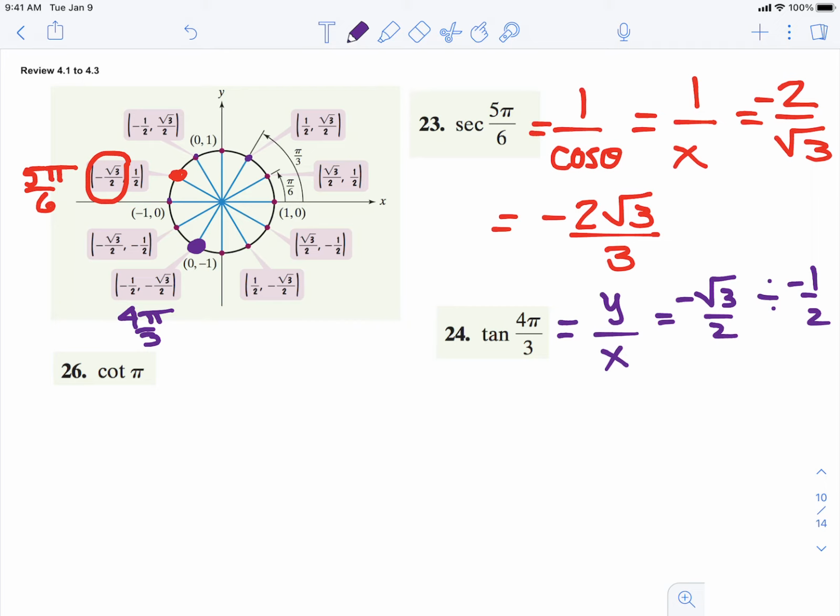And now we're going to keep change flip. We're going to keep the negative square root of 3 over 2. We're going to change it to multiplication, and then we're going to flip it. And then what happens is the negative times a negative turns to a positive. The 2's cancel out, and when you multiply across, you get exactly the square root of 3.